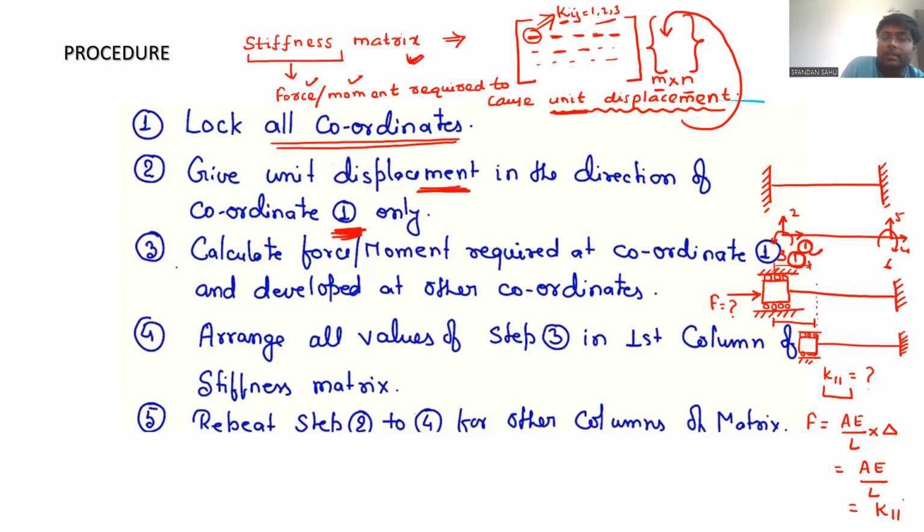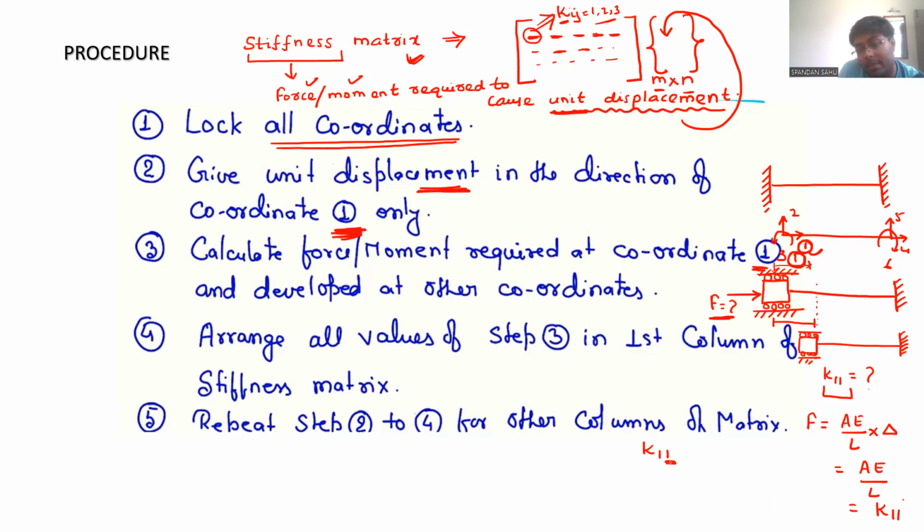The third statement tells us to calculate the force or moment required at coordinate 1, that is the F value you need to determine, and develop at other nodes. You need to give unit displacement along coordinate direction 1. What amount of force does K11 represent if you have to provide unit displacement?